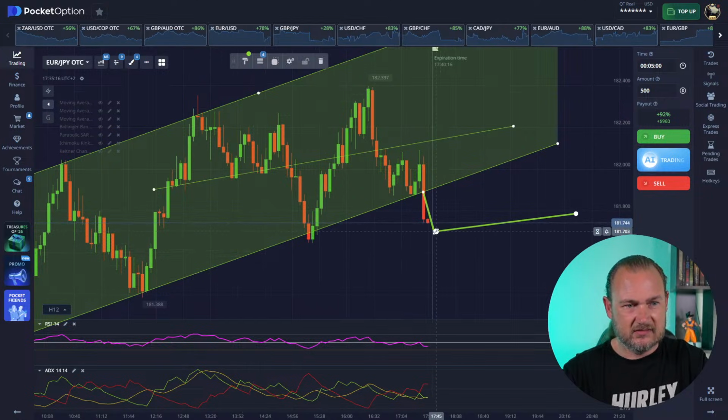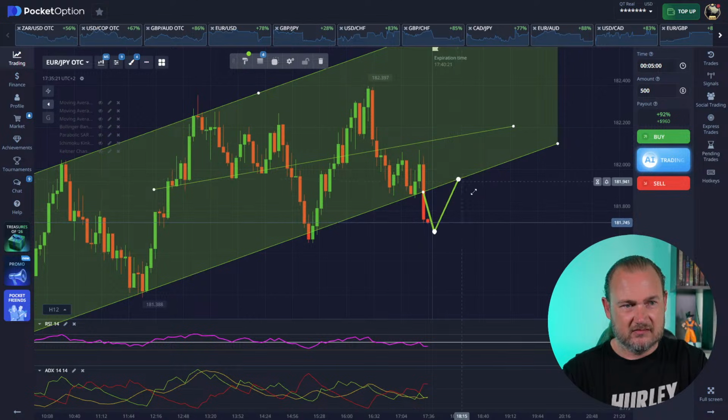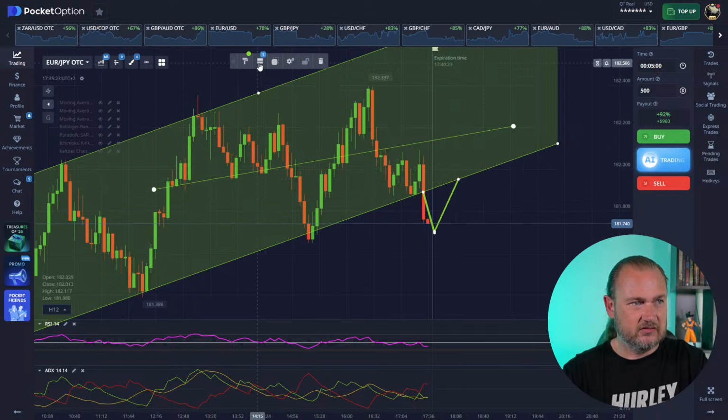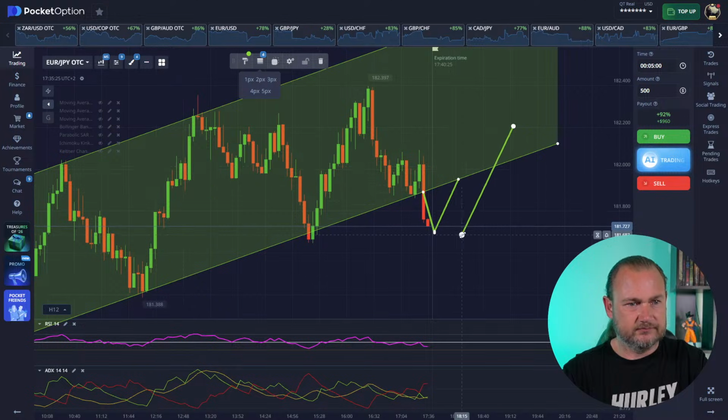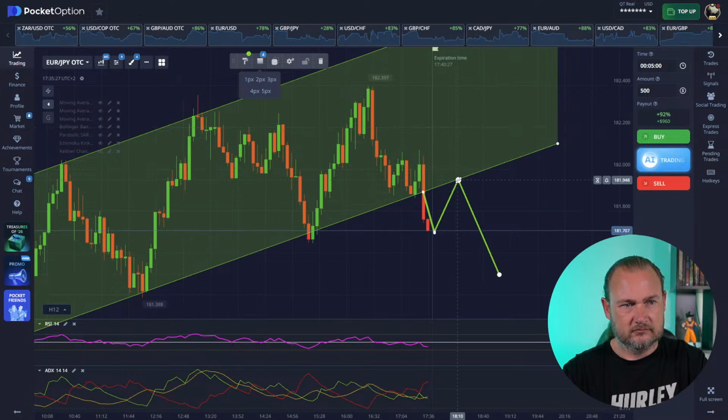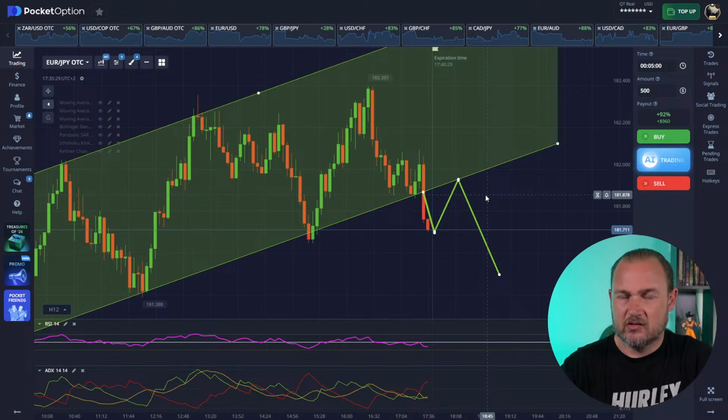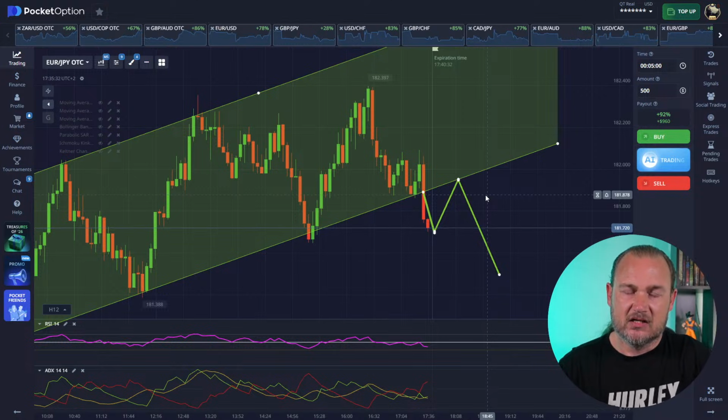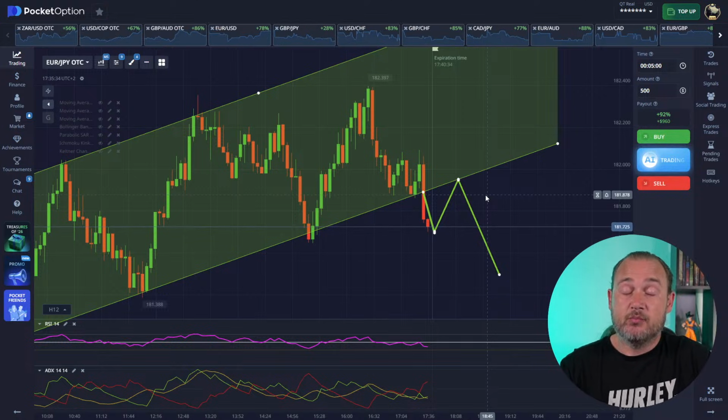We might see movement, something like this, and then finally go back down. This is a pattern you will often see after price has broken important major support and resistance areas.